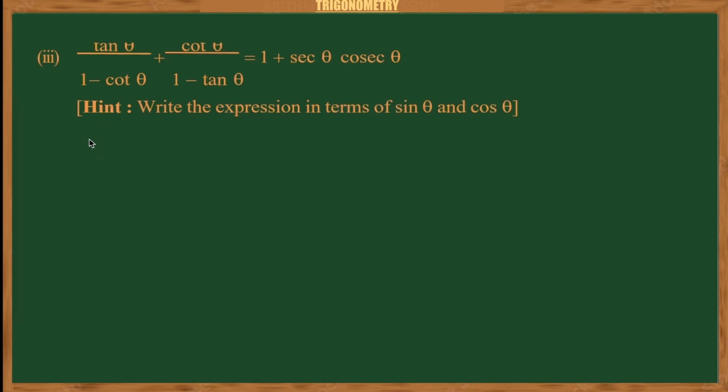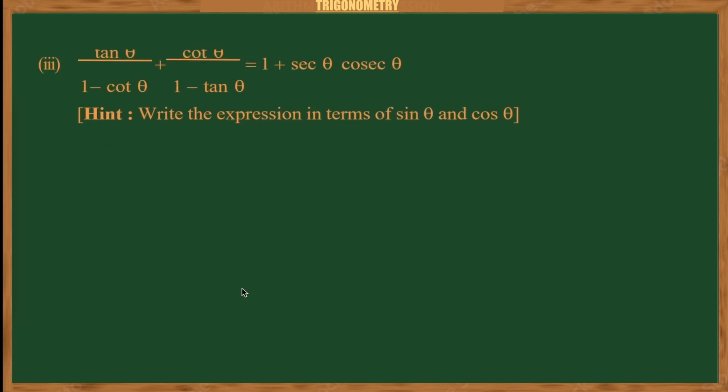Let's convert our question into sine and cos. Tan theta divided by 1 minus cot theta plus cot theta divided by 1 minus tan theta. This is the left hand side.